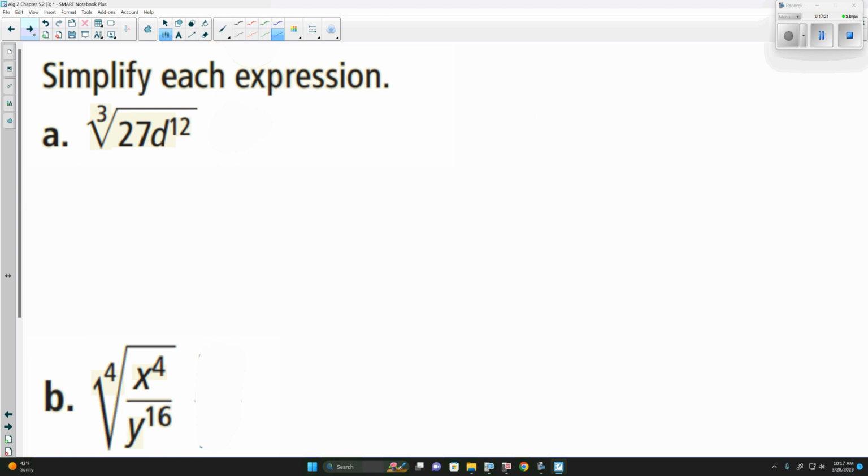The 3rd root of 27 times d to the 12th. And we look at these here, especially with numbers. We can break it into the multiple parts. So we can say the cubed root of 27 times the cubed root of d to the 12th.